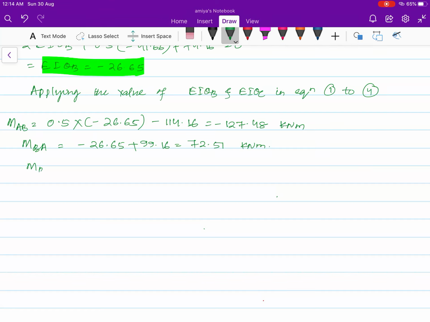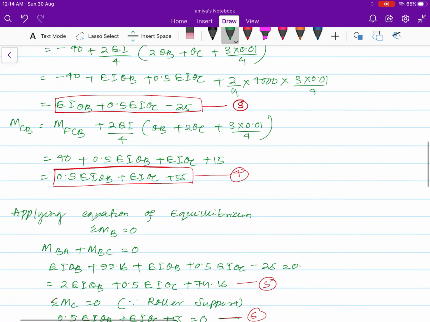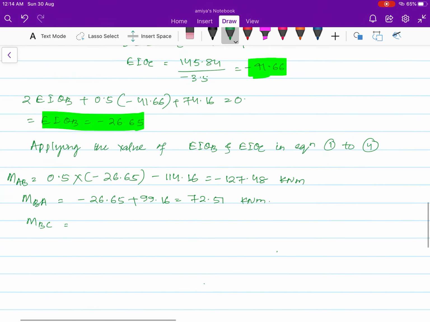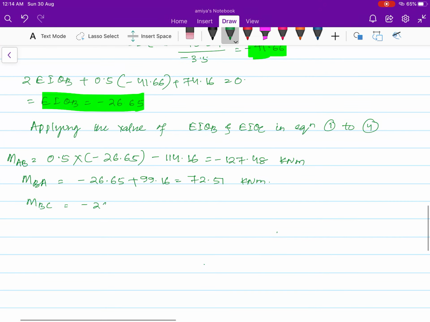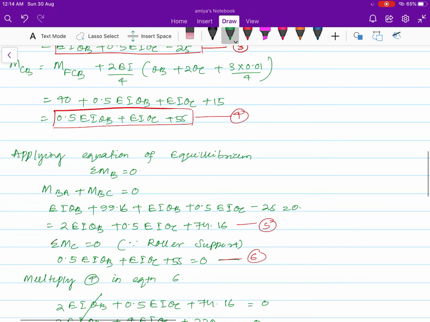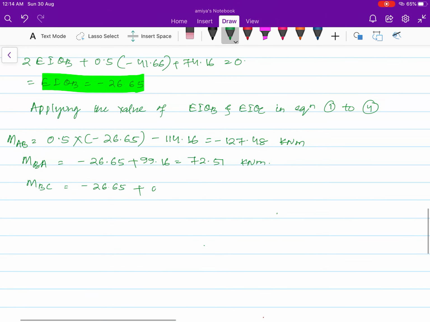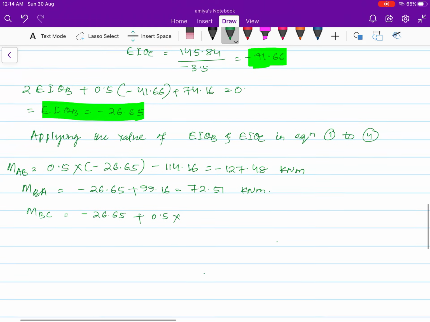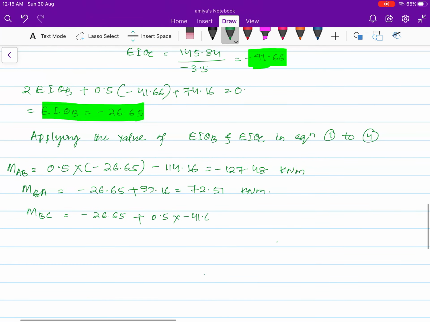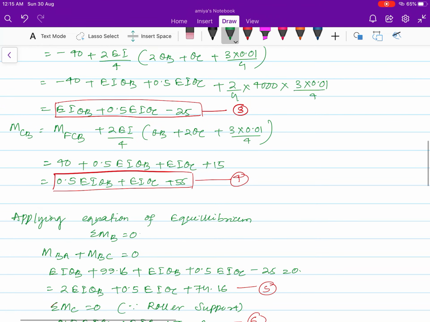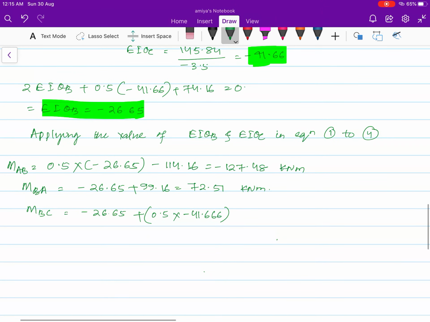Similarly, MBC in equation 3: EI theta B is minus 26.65, plus 0.5 into minus 41.66, minus 25.